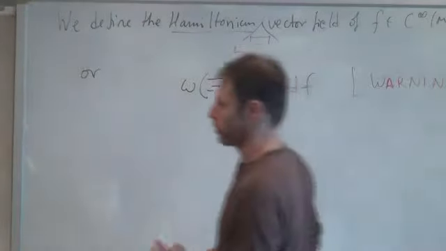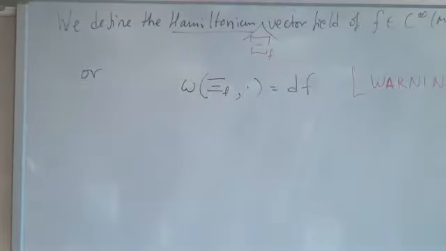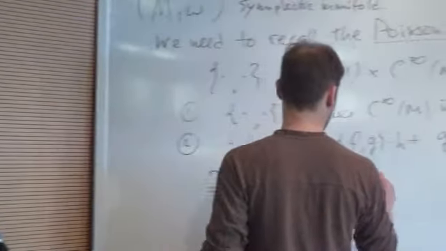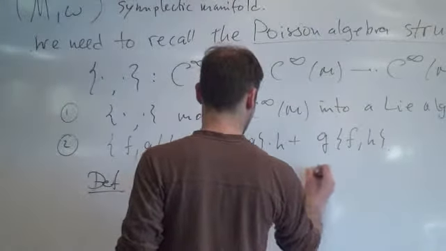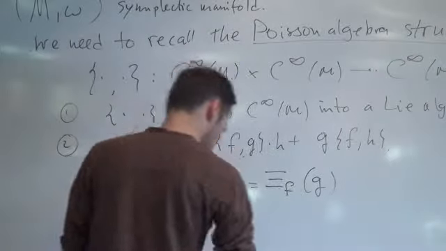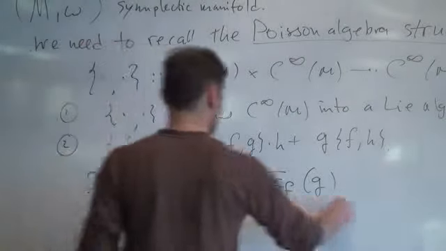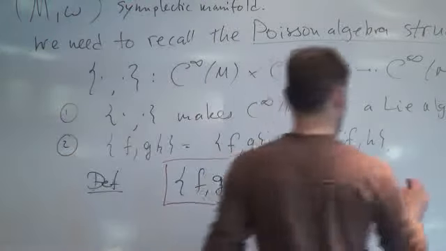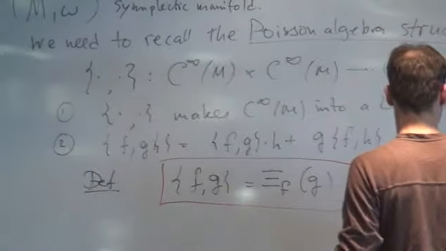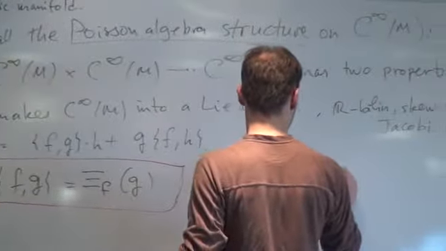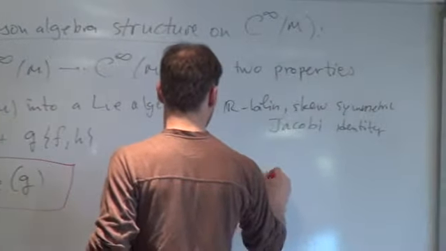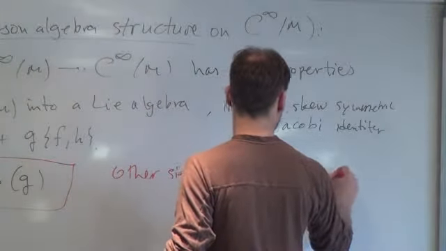So the definition: f bracket g is the Hamiltonian vector field of f acting on g. Again, the other sign convention is also used.